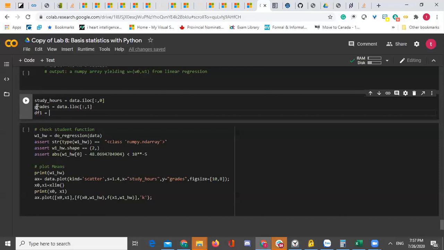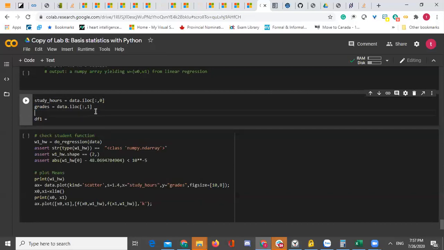So let me print out the shape so that I can understand. Okay.